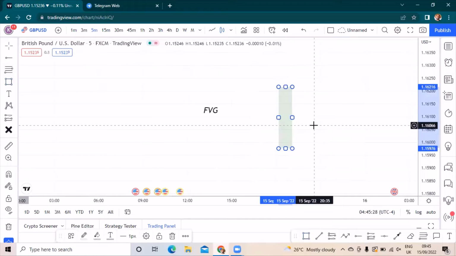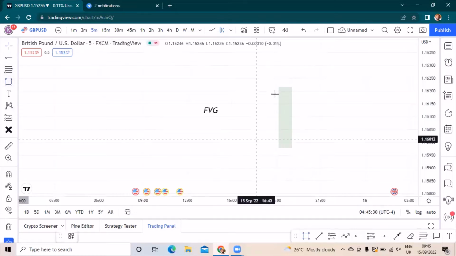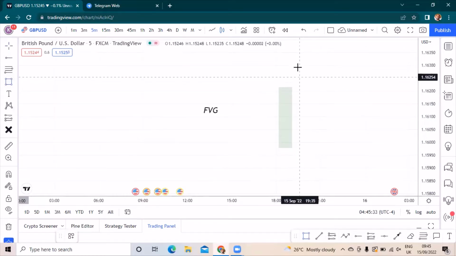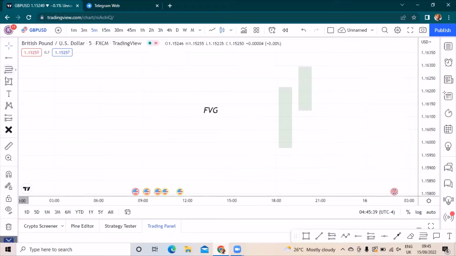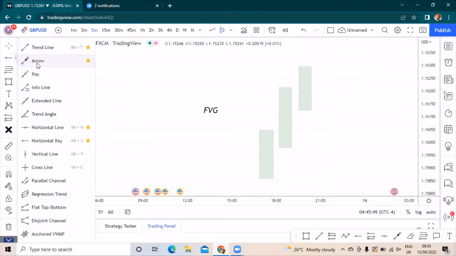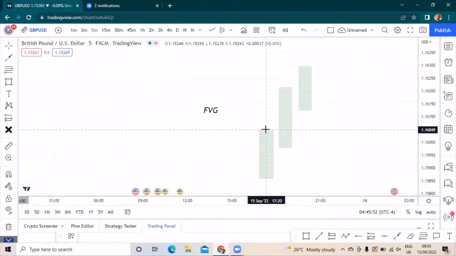Now, this is how candles behave most of the time, the normal way candles behave. When it becomes abnormal, then there's a fair value gap. This middle candle is the candle we are referring to in this context, and the ones on top are just like the wicks.